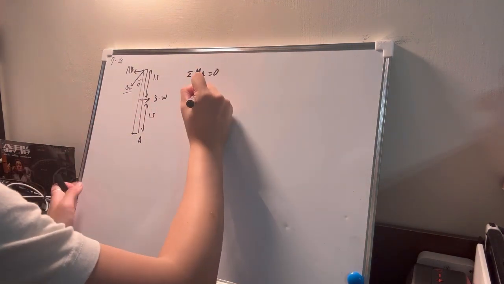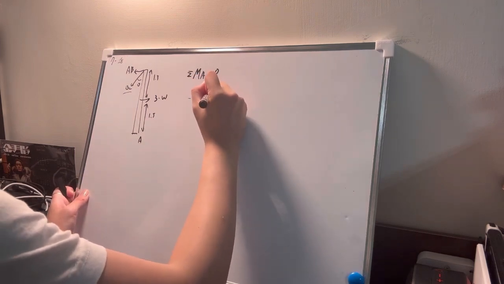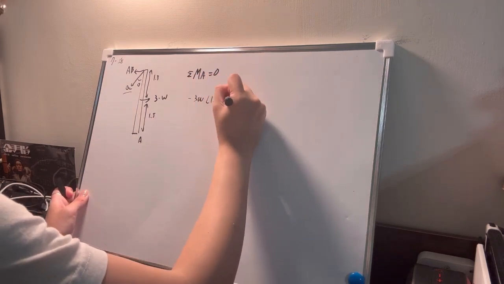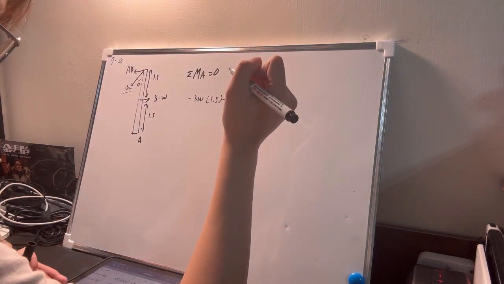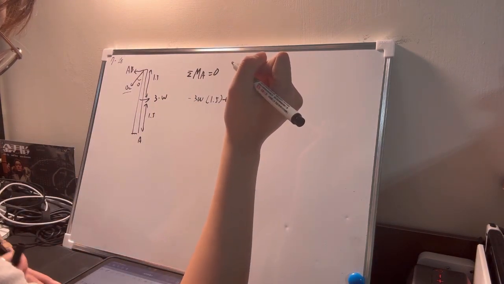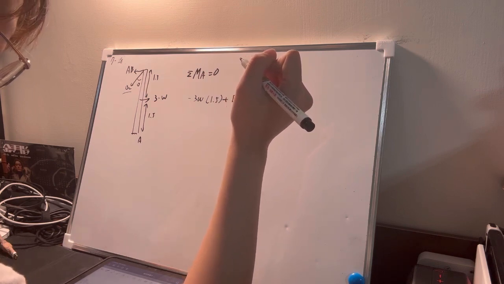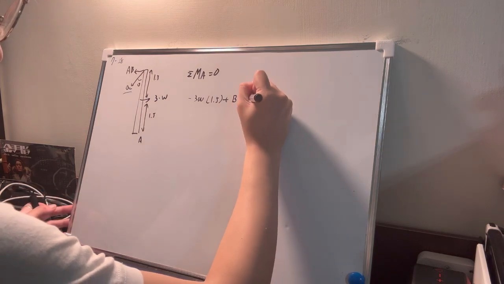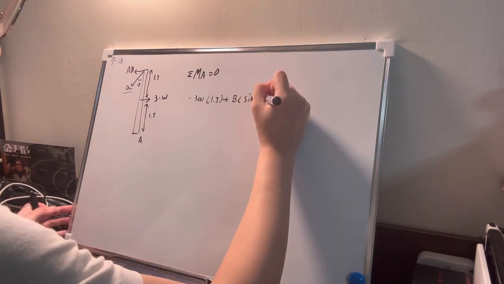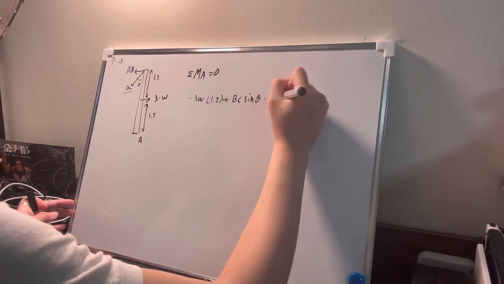So this one, 3W times the length, plus BC times sine theta times 3 is equal to 0.